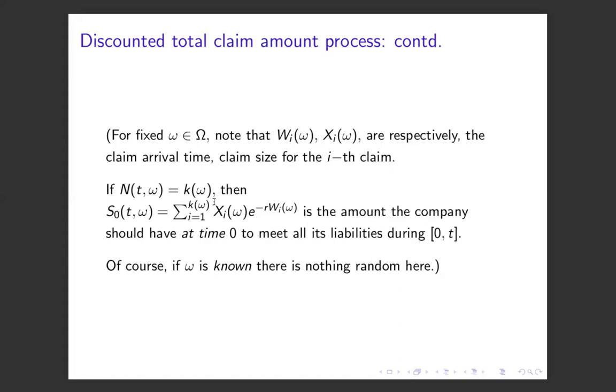Remember that the claim sizes X_i are assumed to be independent of the claim number process N_t, that is, X_i would be independent of W_i. You may note it down.